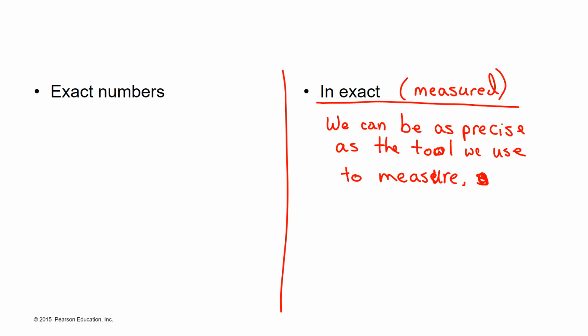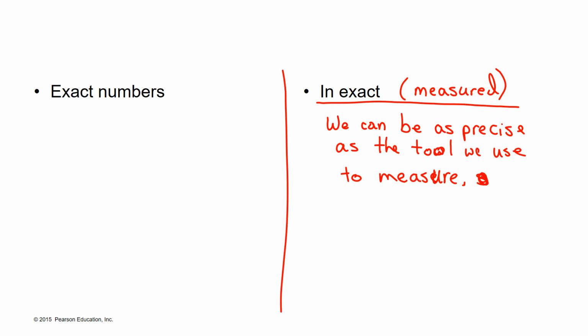And I can know it to a greater degree of certainty. Whereas this one, if it says 5.3 grams, it could be 5.349, something like that. Whereas on that one, if it's 5.300 grams, I know that it is exactly 5.300.